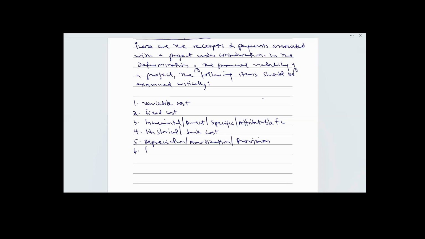Number five, we are going to talk about interest. Number six, opportunity cost.